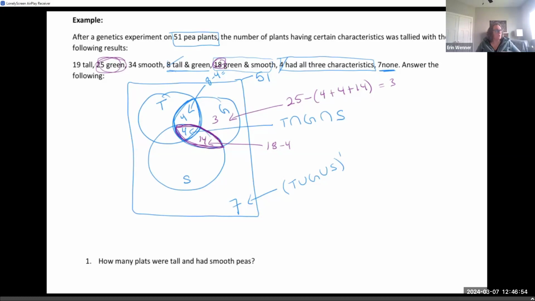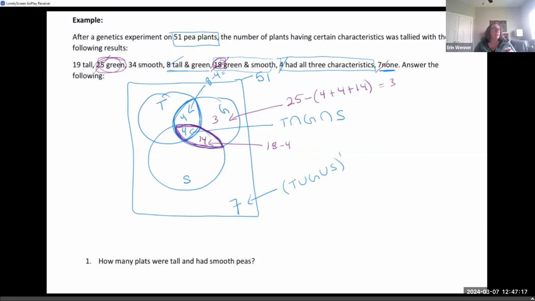Okay. So now we're looking at this and going, okay, well, we've used the none, we've used the all 3, we've used the 18, we've used the 25, and we're left with 19 tall and 34 smooth. But when we look at the spaces that haven't been filled in on our Venn diagram, we have 3 spaces to account for.